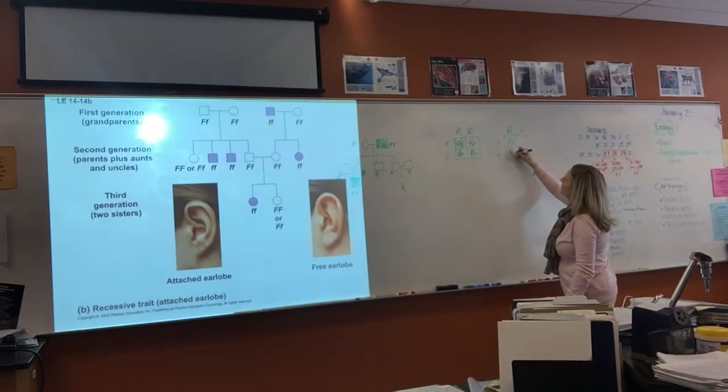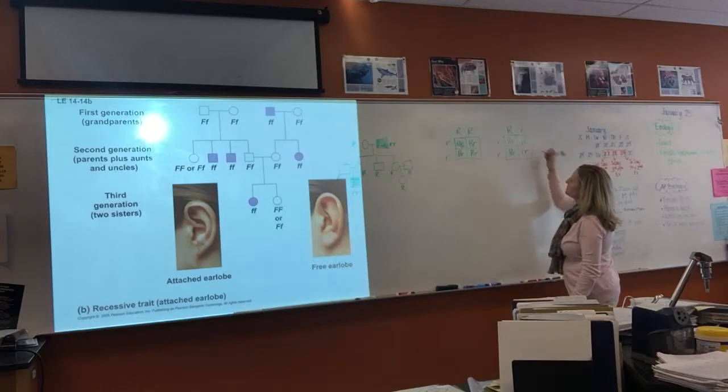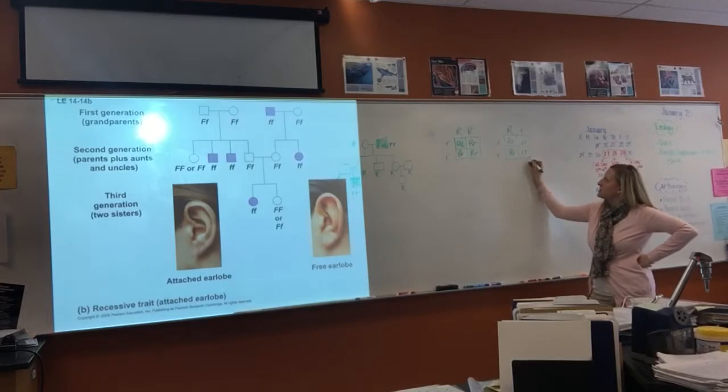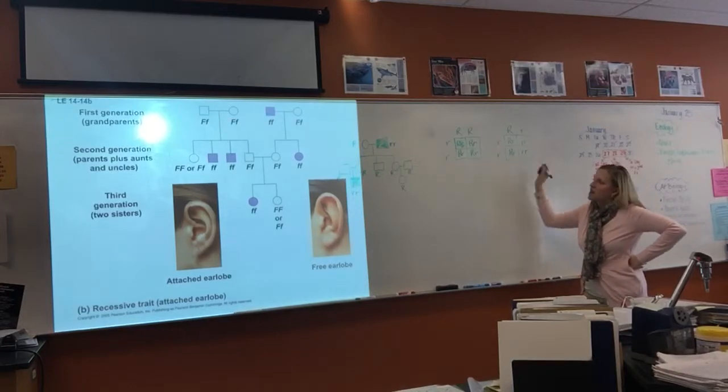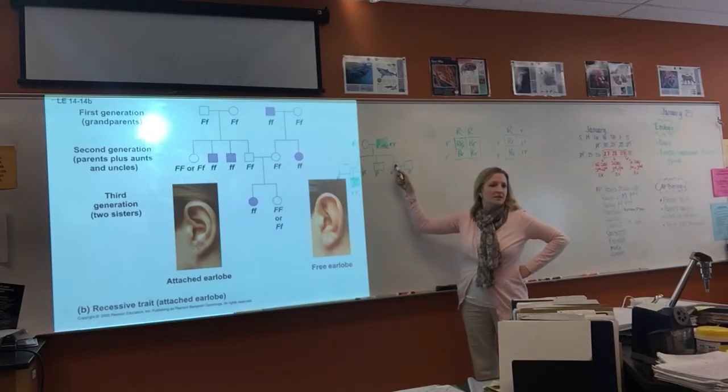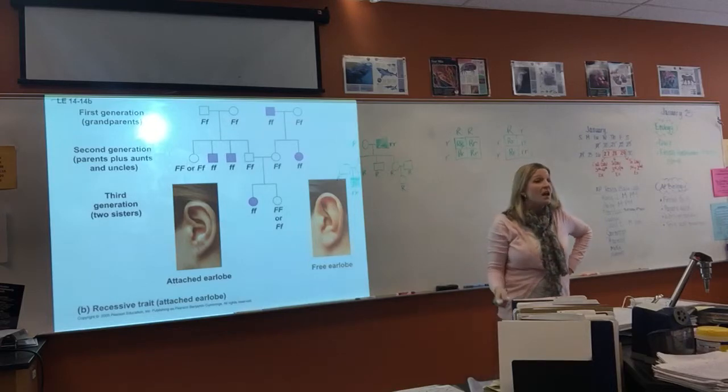If she was big R, little r, this is the chance every time she has a kid. Every time they have a kid, they have a 50% chance of being a big R, little r kid, 50% chance of being a little r kid. Could these 2 parents have these 3 kids? They could, yeah. So we don't know for sure based upon this information. It's like flipping a coin.